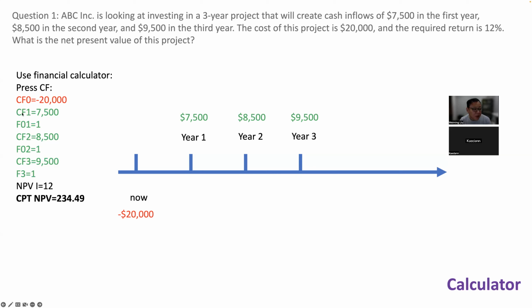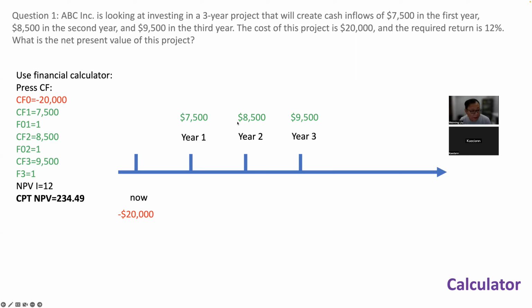And then the next one is CF1, 7,500. And then the question is how many 7,500s are in the stream? There's only one 7,500, so F01 equals 1. So this F01 represents the number of CF1. Okay, so there's only one 7,500, so F01 is 1.